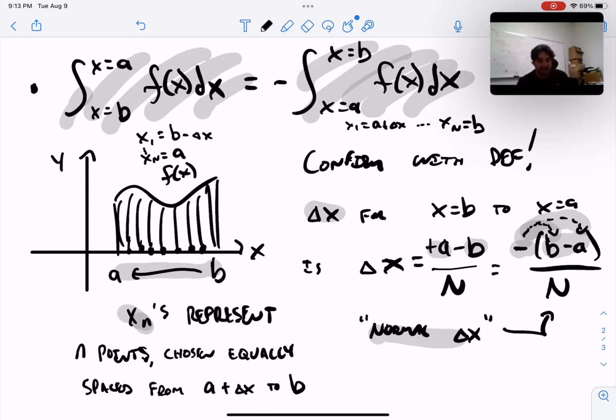So there's a bit of a technicality to address there with the x sub n's, but what's really driving this identity is that a minus b equals negative b minus a, right?